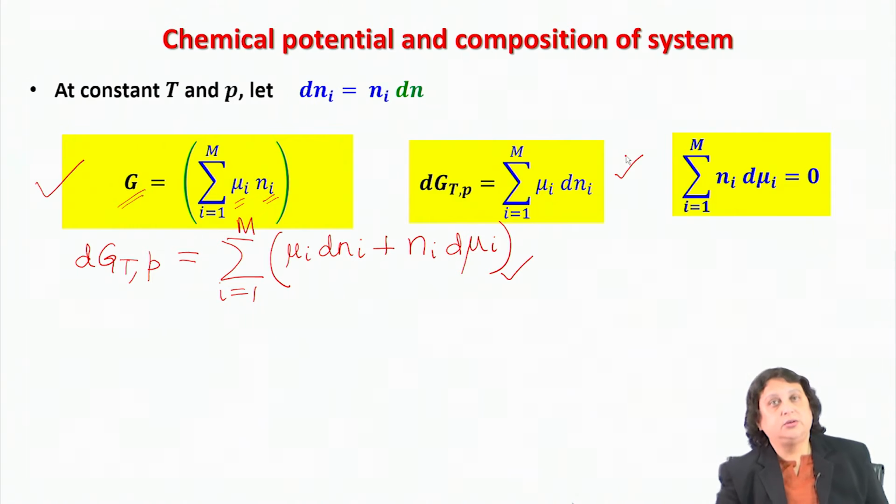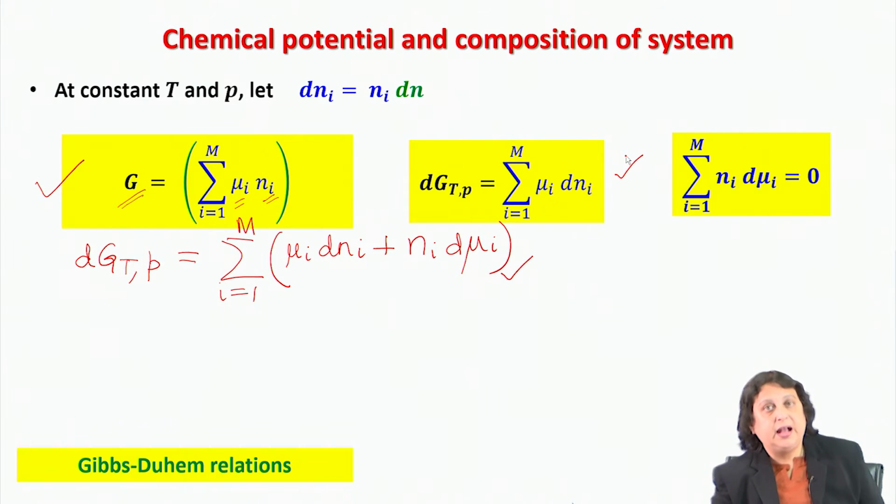My immediate conclusion would be that ni d mu i, when summed over all i values, must be equal to 0. And these three equations together give us the different forms in which you connect the composition of the system to the chemical potential. And these are collectively known as the Gibbs-Duhem relation.